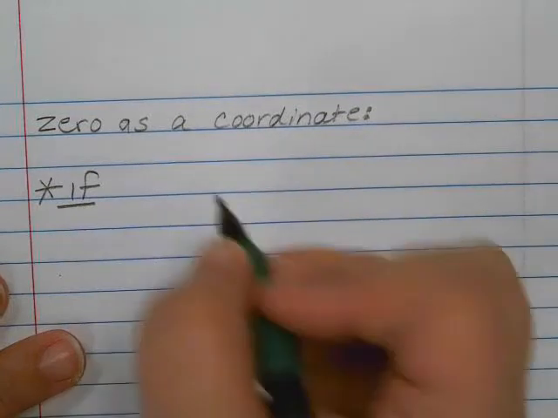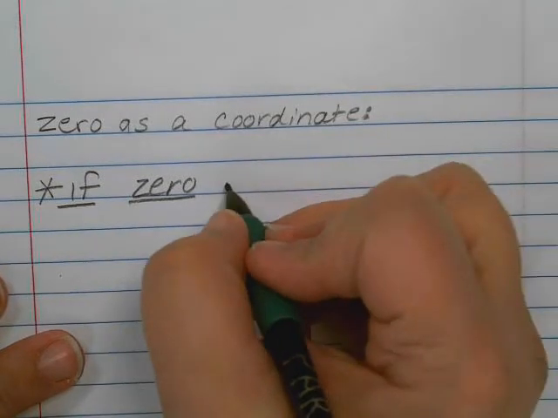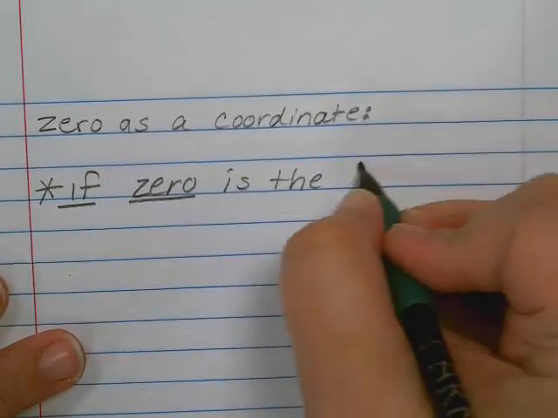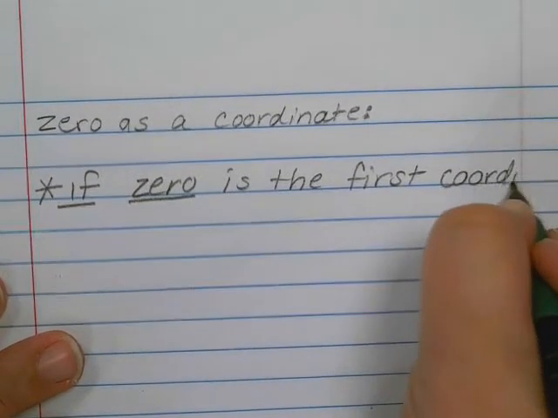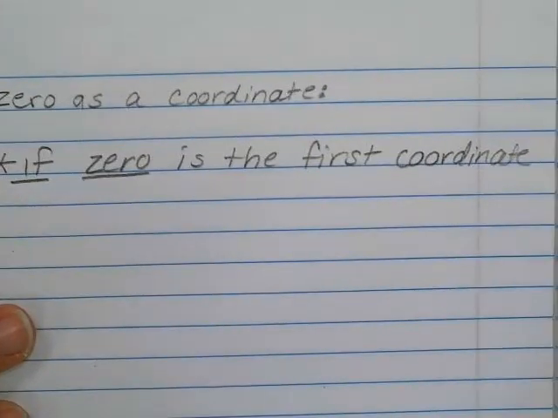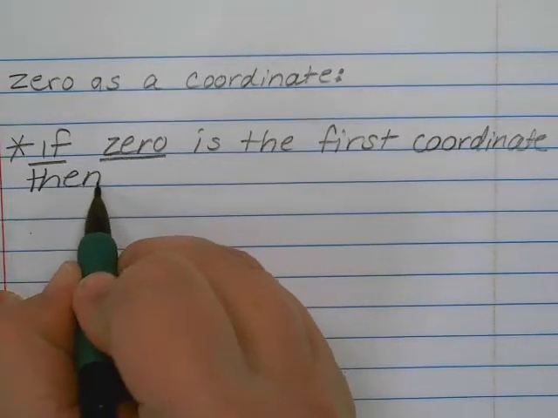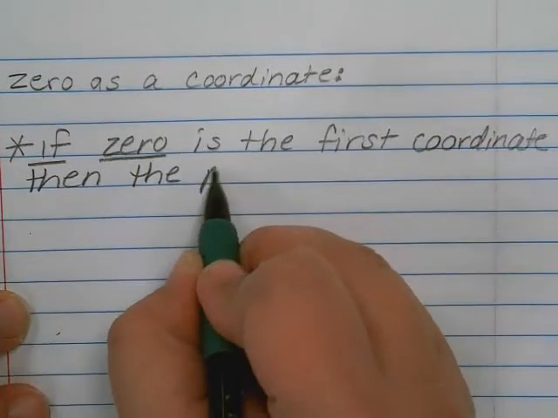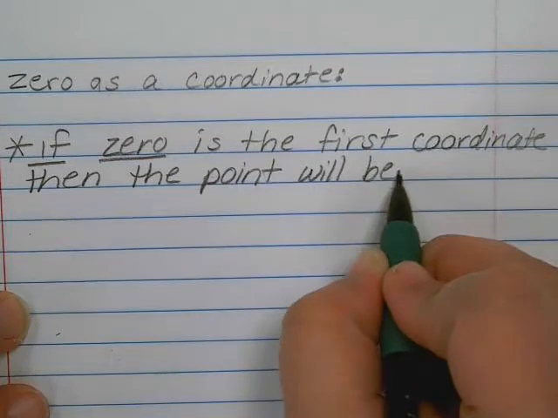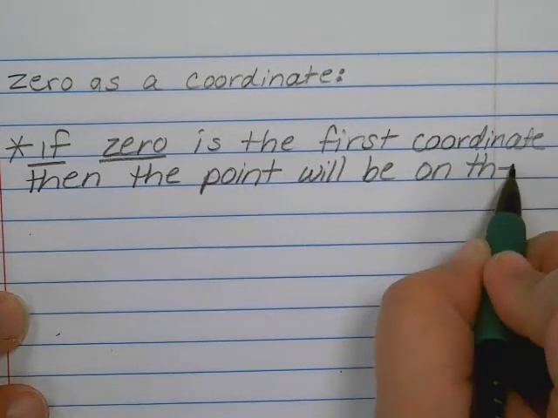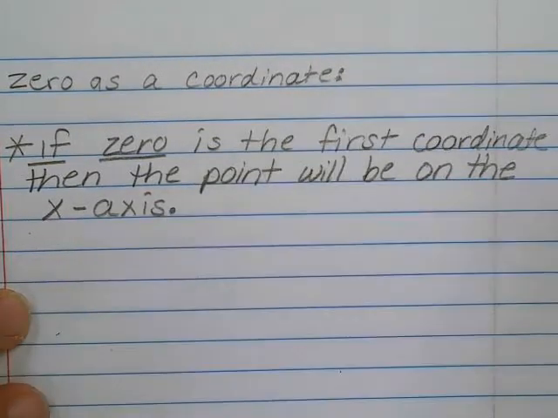If 0 is the first coordinate, then the point will be on the x-axis.